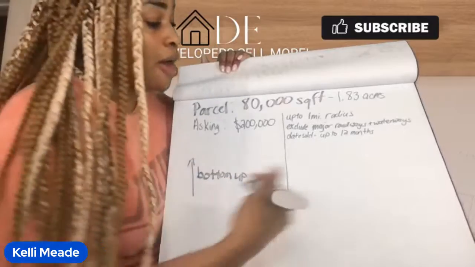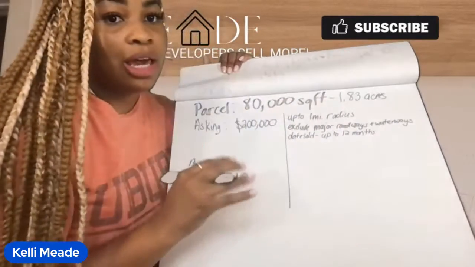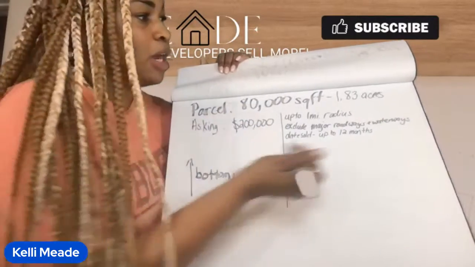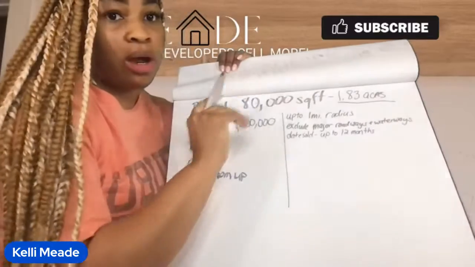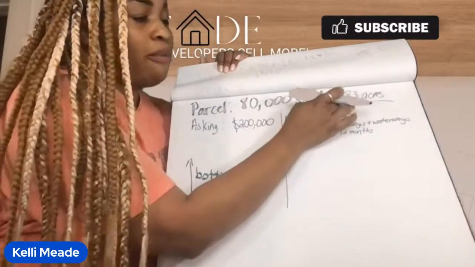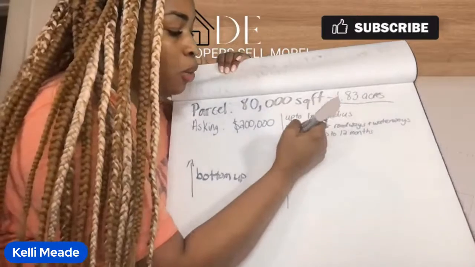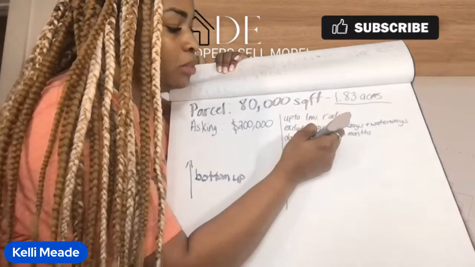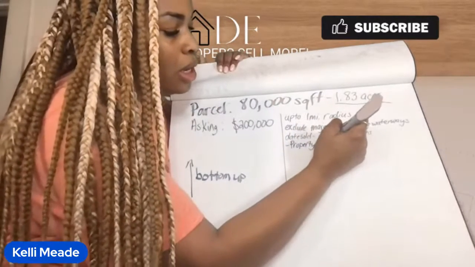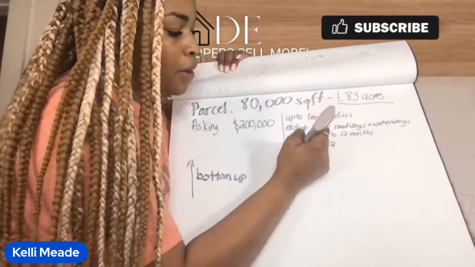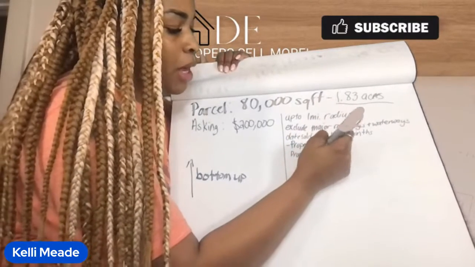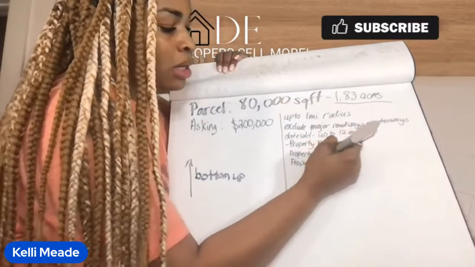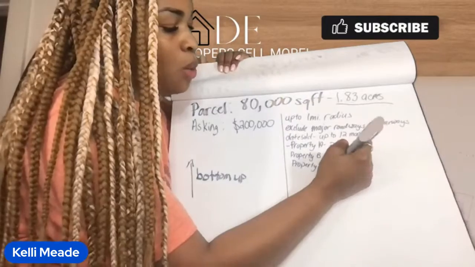And then the other thing we're going to look at is the size of the properties we're comparing it to. We need to stick in a plus or minus range of about 2 acres. So let's just say property A is 2 acres, property B is 5 acres, property C is 1 acre.